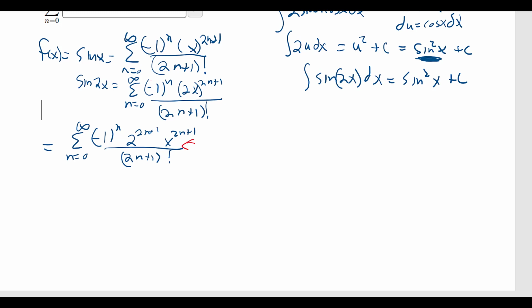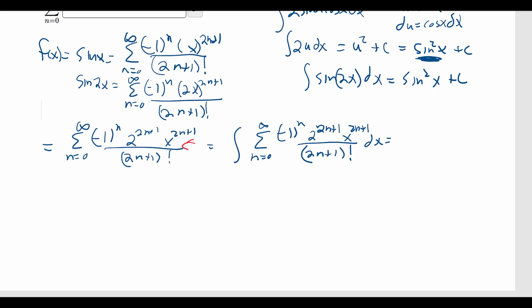So we can rewrite this. If we have the integral of the sum as n goes from 0 to infinity of negative 1 to the n, 2 to the 2n plus 1, x to the 2n plus 1, over 2n plus 1 factorial dx, I'm going to pull that stuff out.